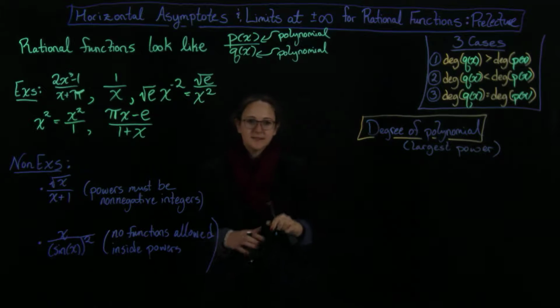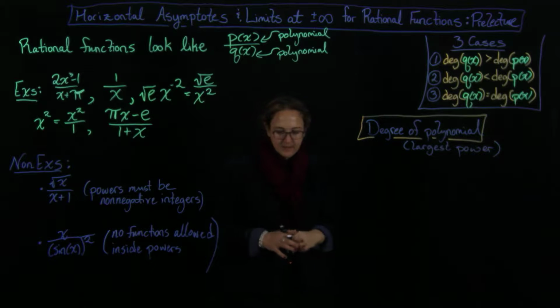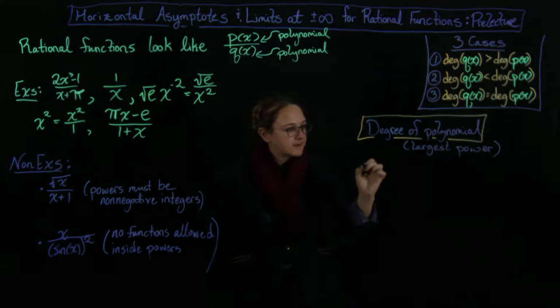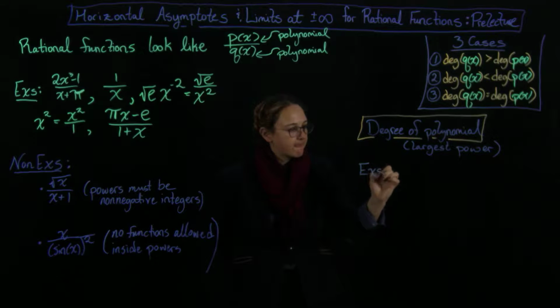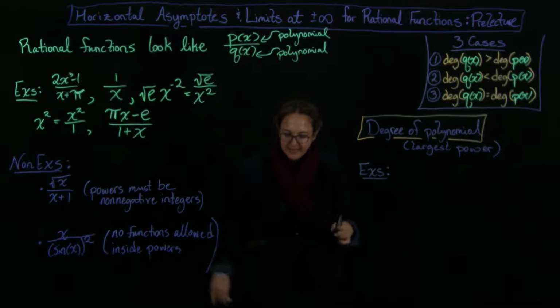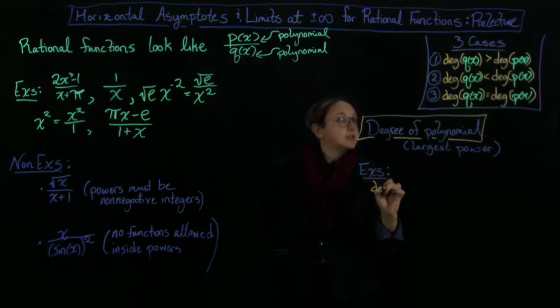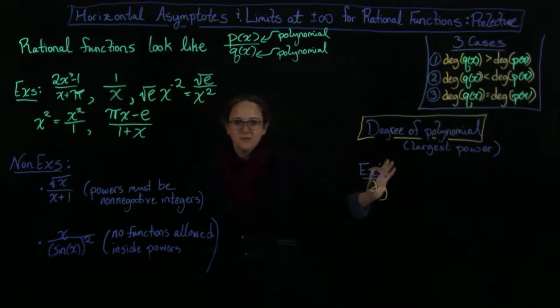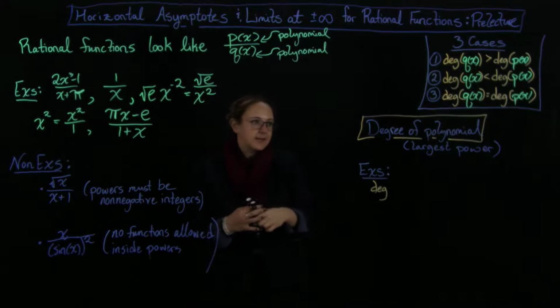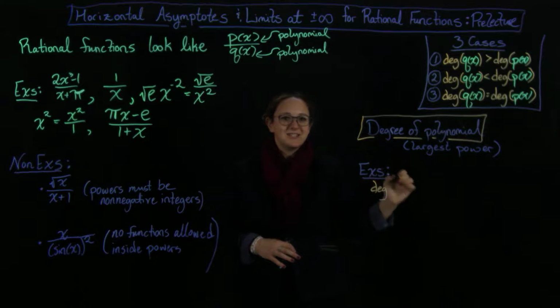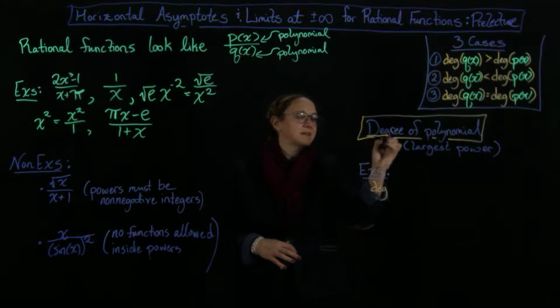So let's look at some examples. Always good to look at examples. In the first case, let's look at the degree. I usually write this as DEG to save myself writing out all of degree. This DEG is coming from the first 3 letters there.